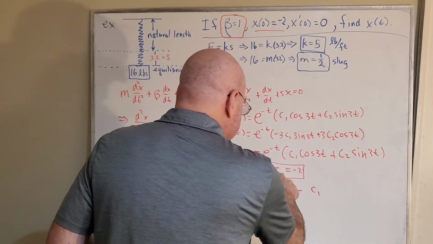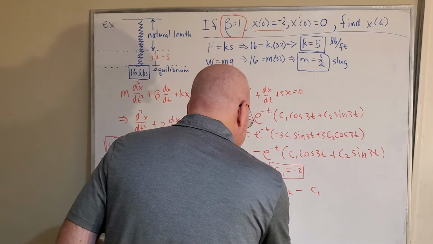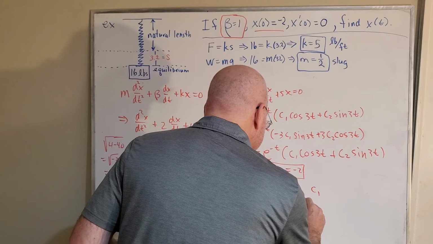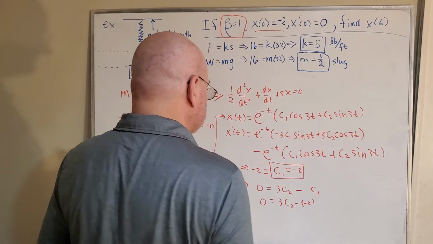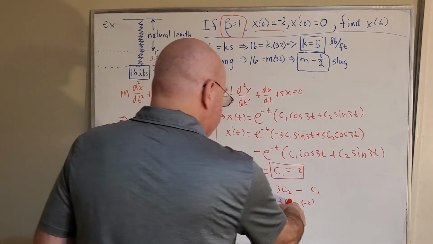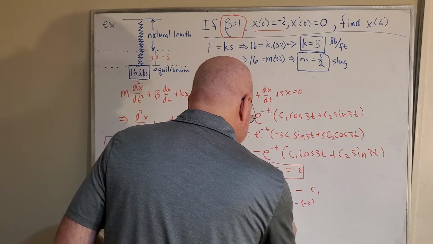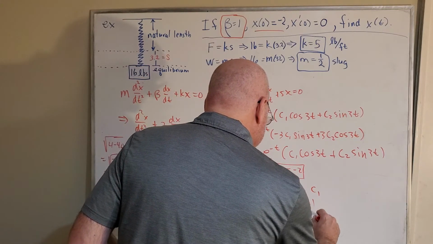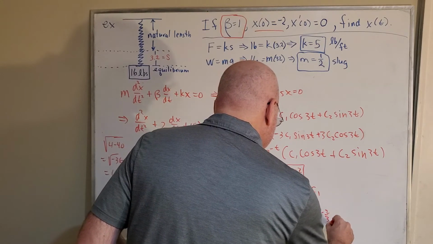So c1 is a negative 2. So 0 is equal to 3c2 minus negative 2. So that's really a plus 2. So negative 2 equals 3c2. And c2 is equal to negative 2/3.